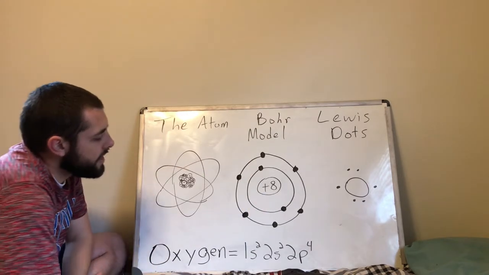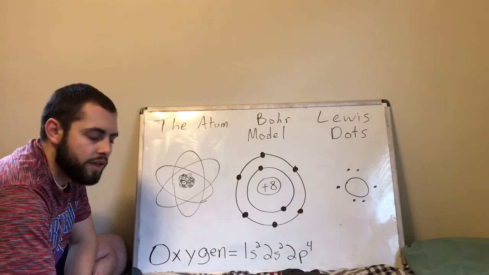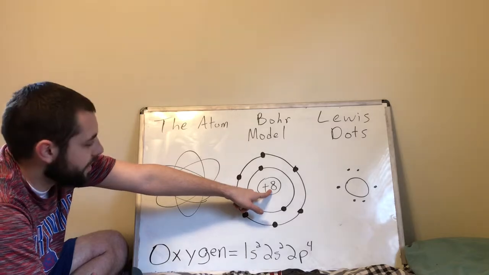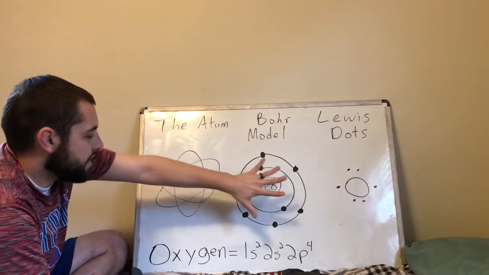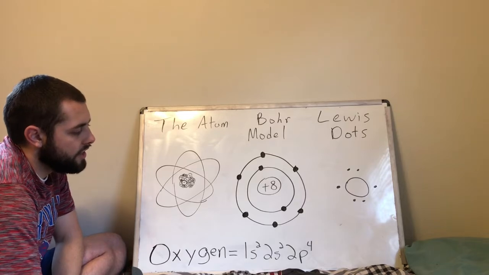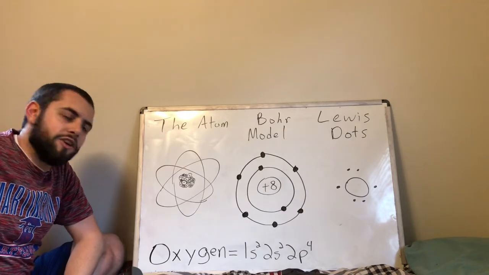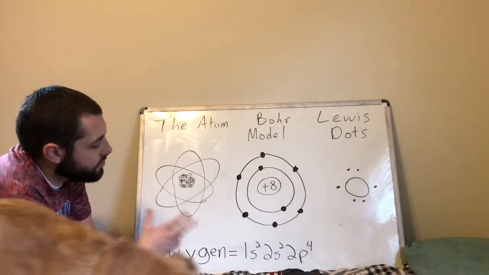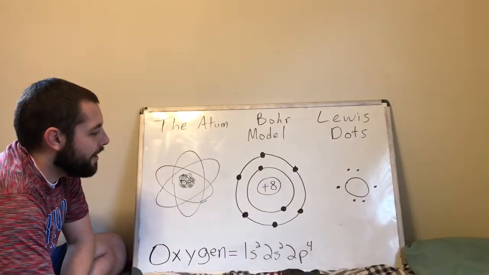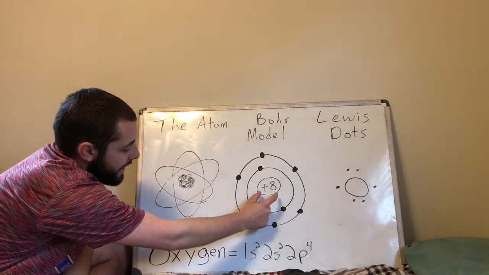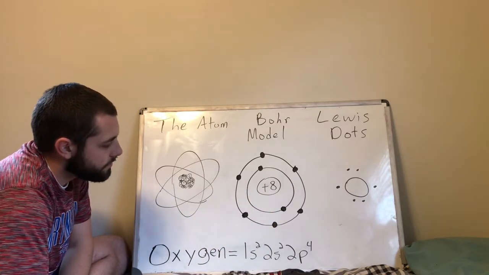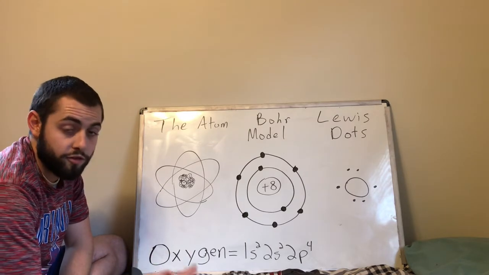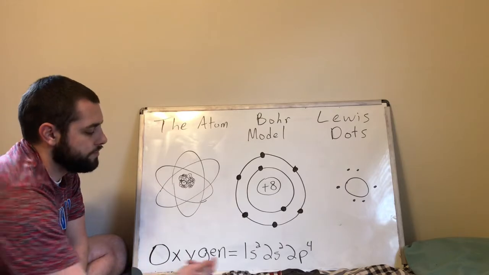One way that I might portray an atom is with the Bohr model. I like to draw my Bohr models with the nuclear charge in the middle. All of these are oxygen, and oxygen has 8 electrons and 8 protons. So when I draw it this way, thank you, Lua, I've got my 8 protons in the nucleus here, and then I've broken up my electrons into 2 different energy levels for oxygen.